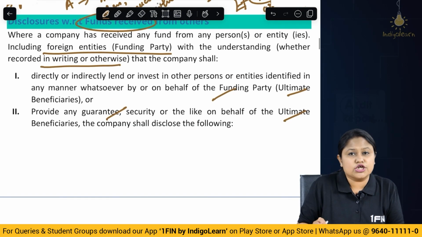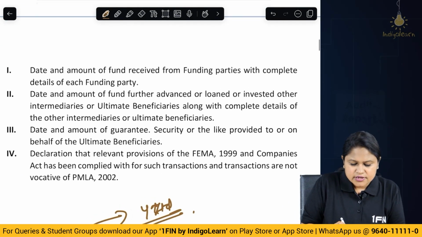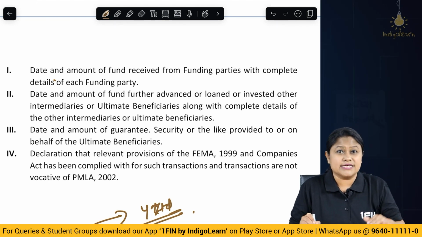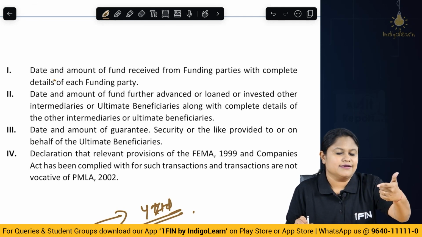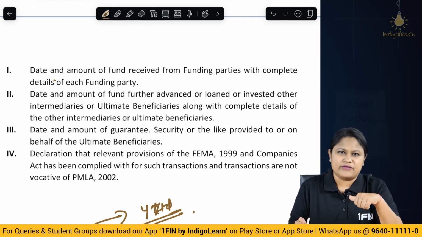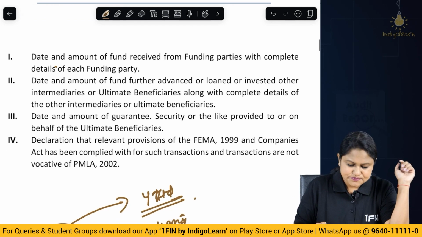So you are standing in the position of what? Intermediary, correct? Then in that case, the date and amount of fund received from the funding party, with complete details of each funding party. Funding party means in the previous one we were the funding parties, correct? So now we are intermediaries. So when did we get money from the funding party? How much did we get? Who is that funding party? All of that detail.